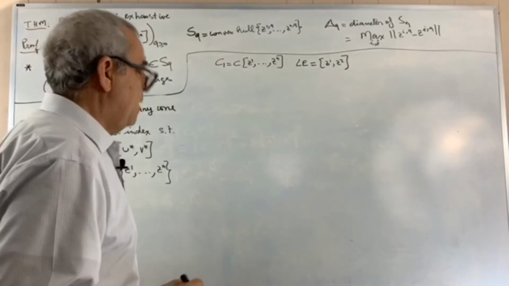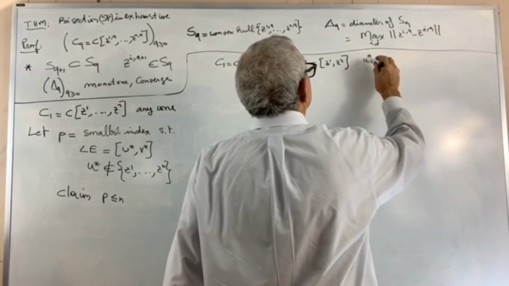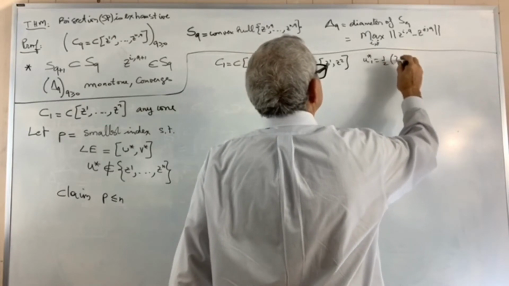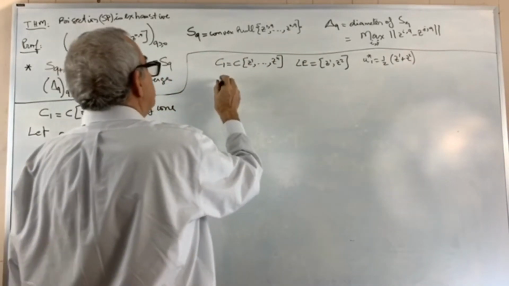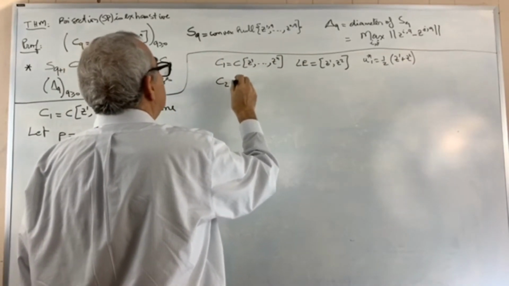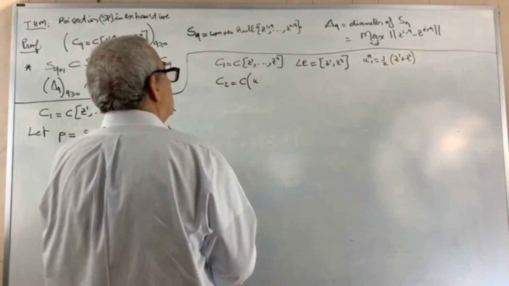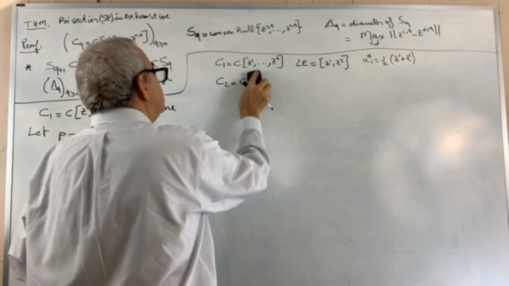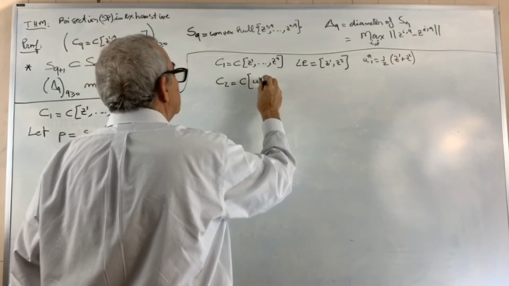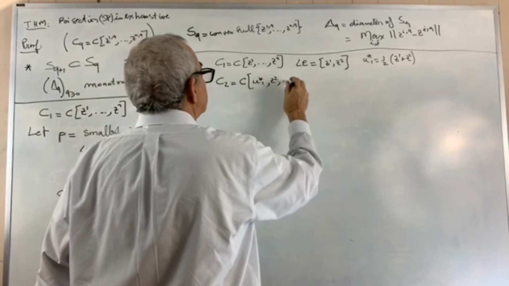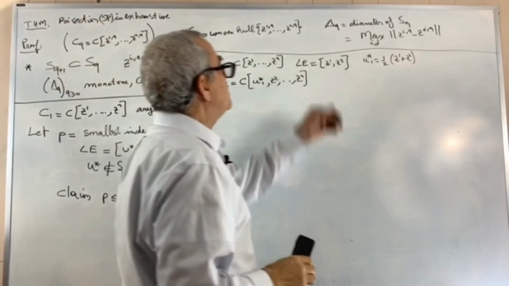I'm assuming the first two. And then what I'm going to do is take U star 1 equal to half of Z1 plus Z2, the longest edge. And then I'm going to form C2. It's C of U star 1 and then Z2, etc., Zn. Without loss of generality, I'm assuming that U star replaces Z1.